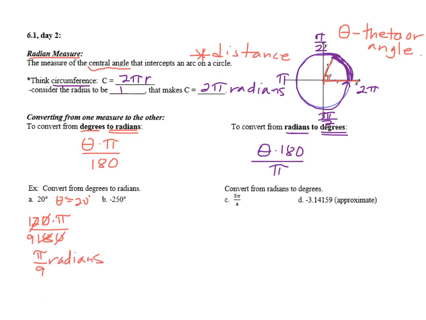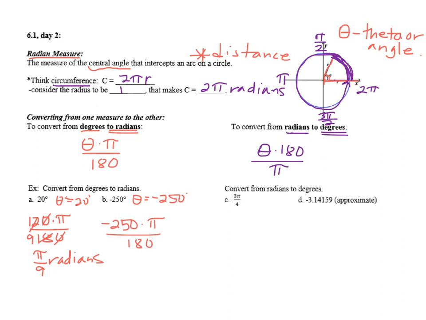That's not a very big distance on the circle to travel. Now, negative 250, it works for negative measures as well. In this case, we'll just let theta equal negative 250. And if we want to convert that degree measure to a radian measure, we'll take negative 250 times pi divided by 180. And then simplify.